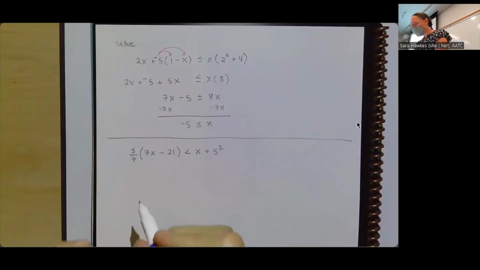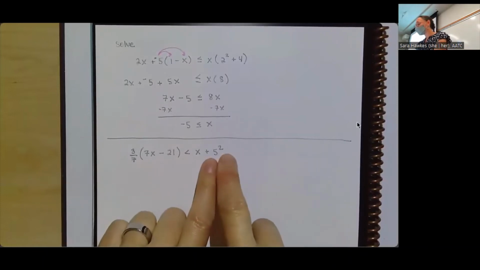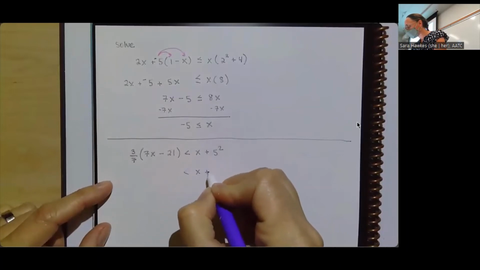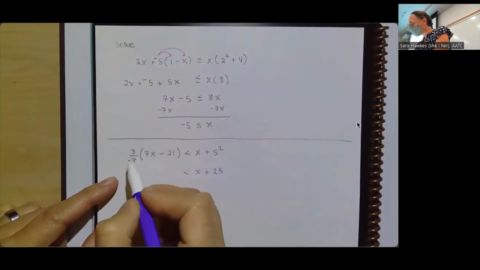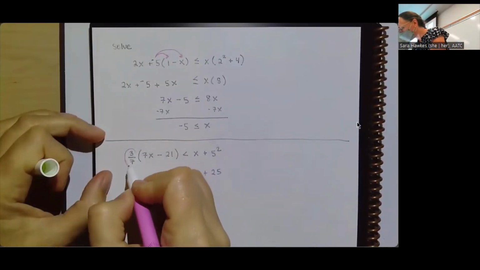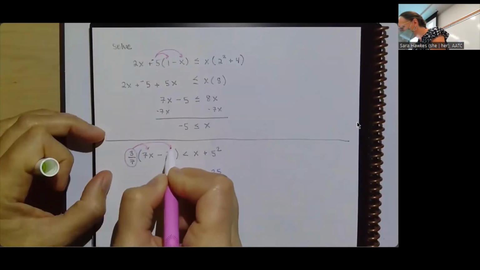So following PEMDAS, I'm looking at parentheses, nothing I can do. I do have exponents over here, so I'll handle those exponents, say that's a 25. And then over here, I'm going to take that 3/7 and distribute it into both parts.